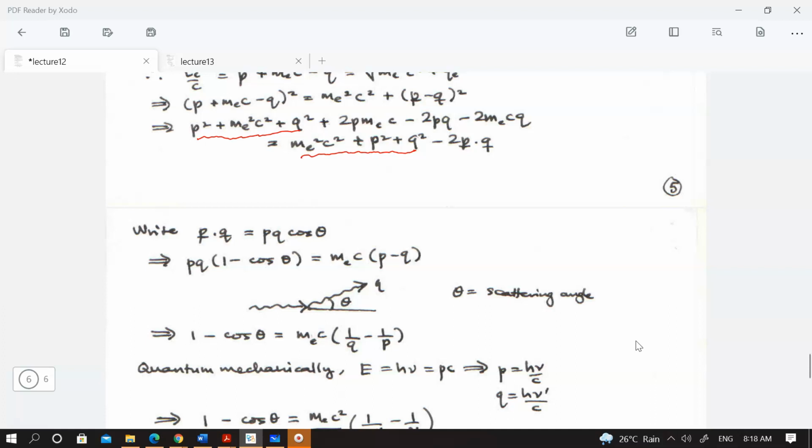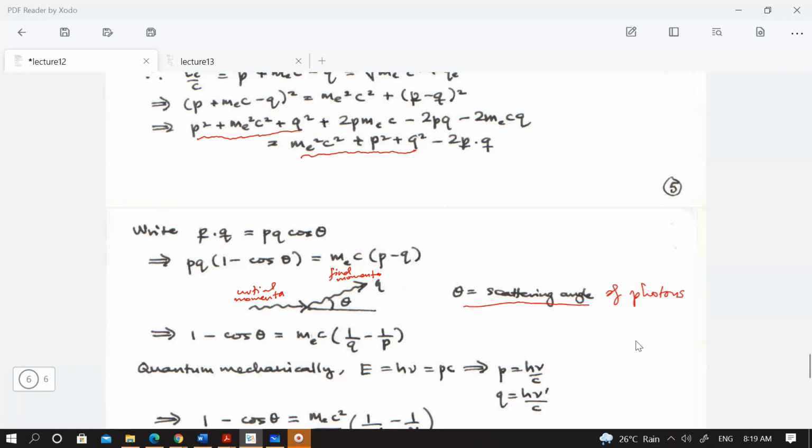This would be the initial momenta of the photon. So if you continue with this direction, and then you compare with the final momenta of the photon, that angle here is the angle between the final momenta of the photon and the initial momenta of the photon. So that is essentially the scattering angle of the photons.